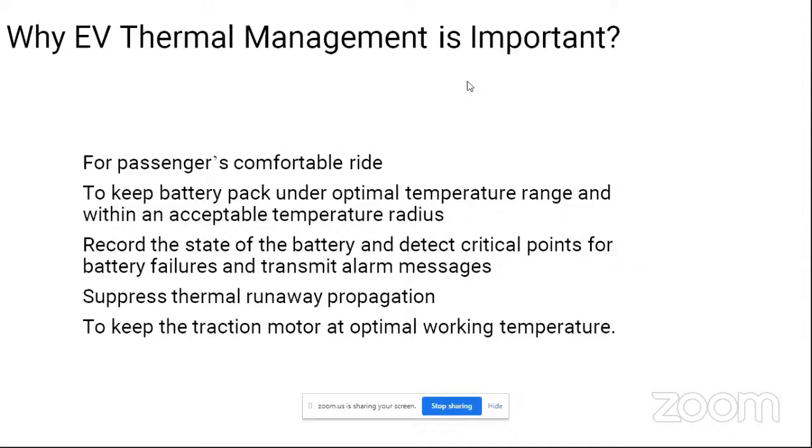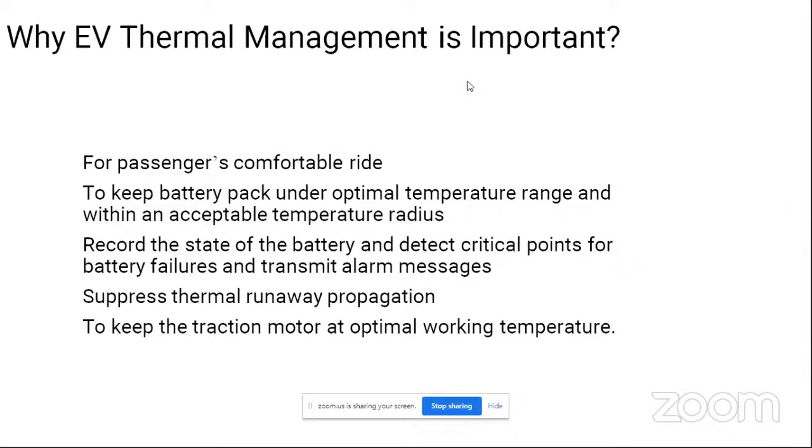But in thermal runaway, the cells or the battery pack used to blast like a bomb. That causes fire in the vehicle, and that is a very hazardous condition. It cost the life of a human being. So that is also a reason why we should thermally manage an electric vehicle, and to keep the traction motor at optimal working temperature.